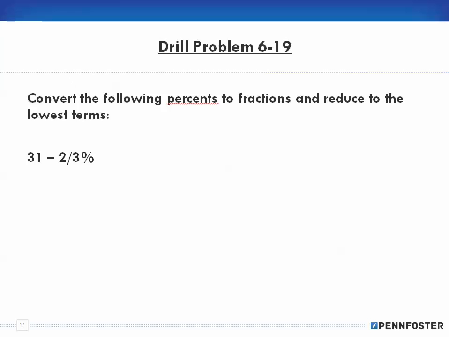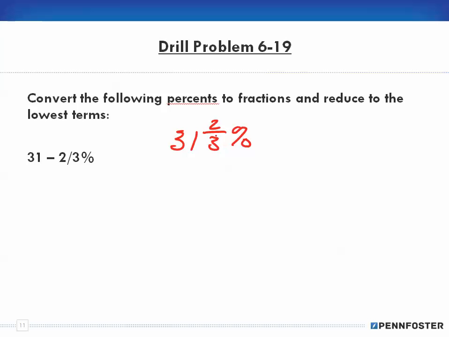6-19 is 31 2/3%. Now, this is a mixed number, and we want to get it into a fraction form.